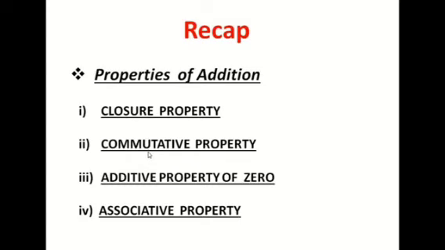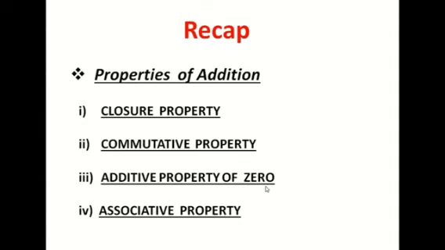Second property, commutative property. This property says if the order of the whole numbers is altered, their sum remains unaltered. The general form we wrote as a plus b equals b plus a, where a and b are any whole numbers. Third property, additive property of 0.